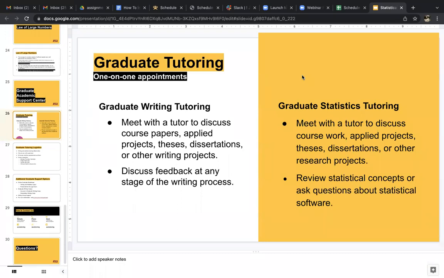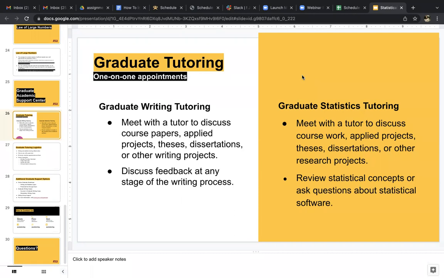You can discuss course papers, applied projects, theses, dissertations, really any writing project, and you can discuss feedback at any stage of the writing process. They're really great at helping with citations or anything that comes up during that writing process.